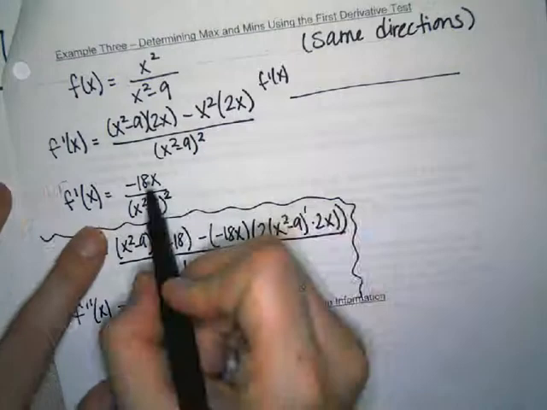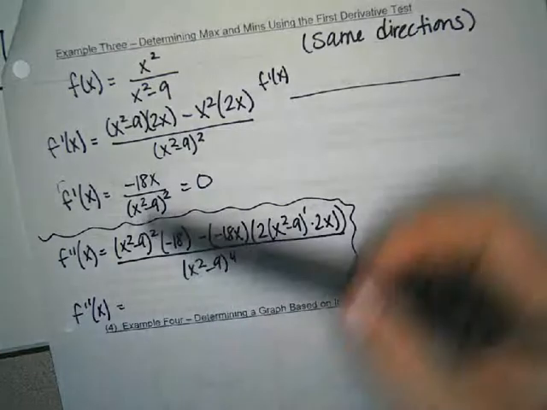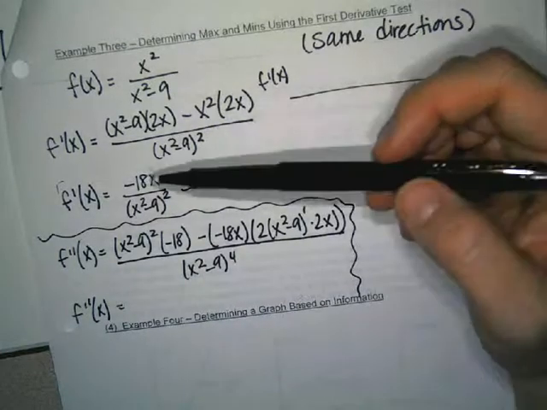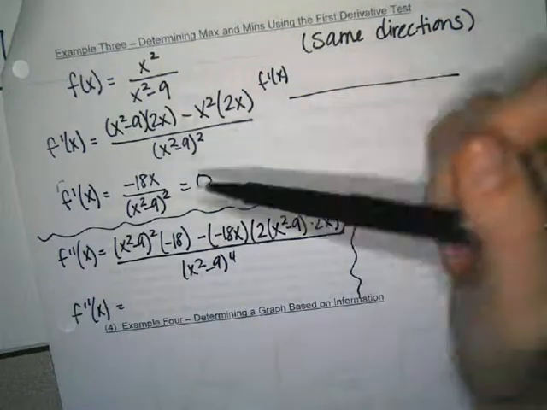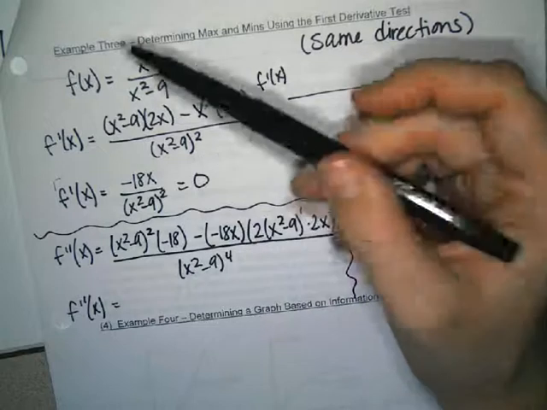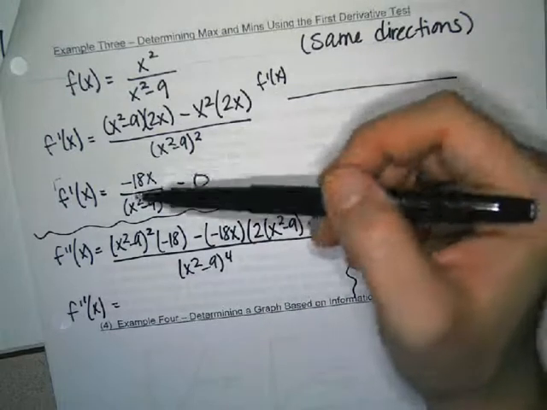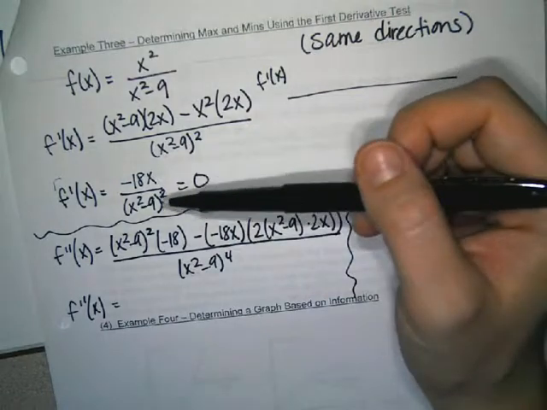So if I set this equal to 0, the great thing about having a quotient like this is normally to get rid of a quotient, we'd multiply both sides by whatever the denominator is. But because you're setting equal to 0, when you multiply both sides by x squared minus 9 squared, it cancels it completely out because 0 times this would just be 0.